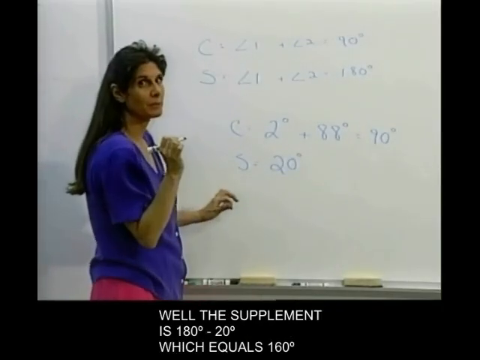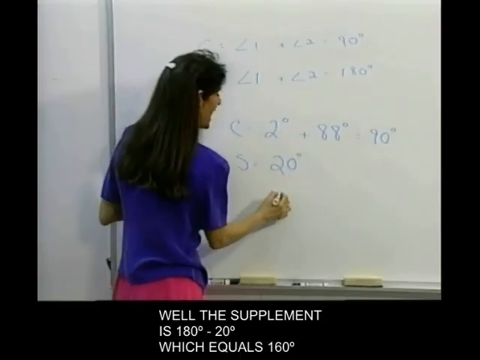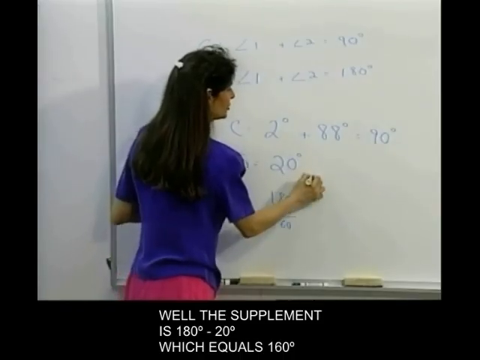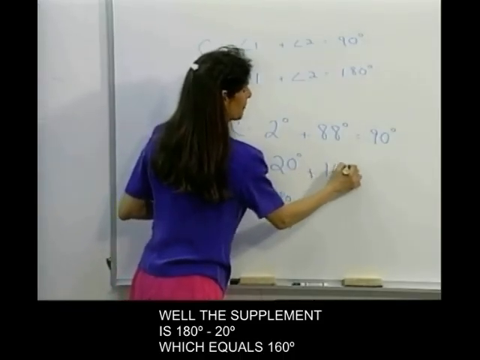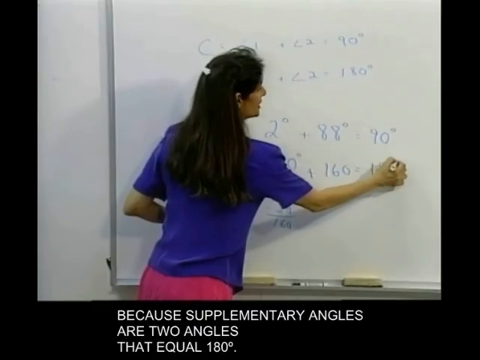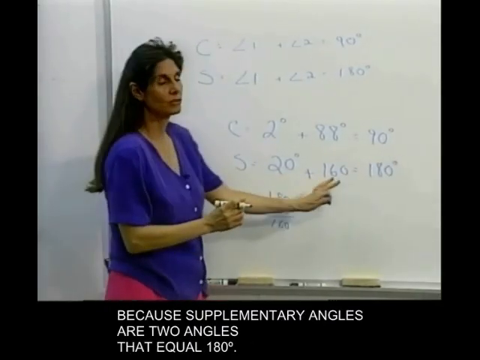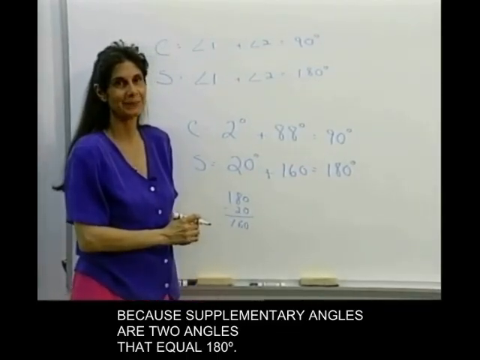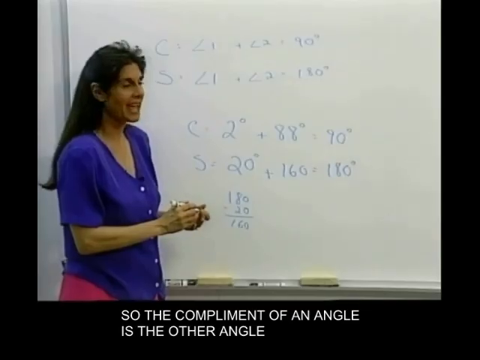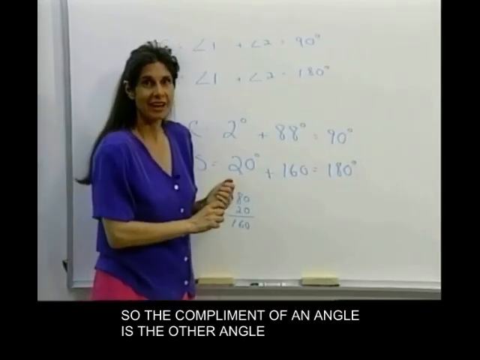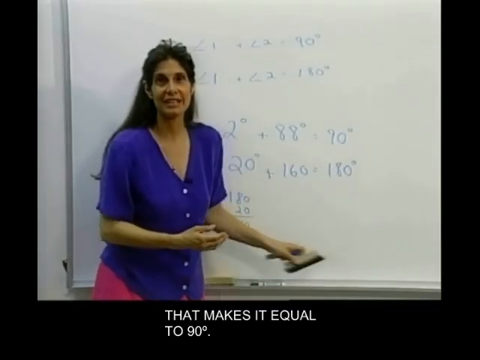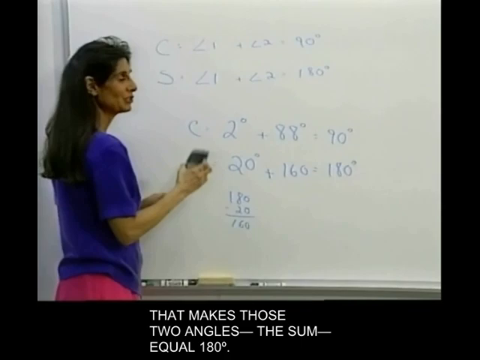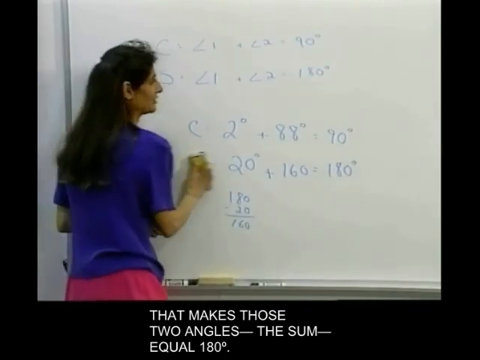Well, the supplement is 180 minus 20, which equals 160, because supplementary angles are 2 angles that equal 180 degrees. So the complement of an angle is the other angle that makes it equal to 90 degrees. The supplement of an angle is the other angle that makes those 2 angles, the sum, equal 180 degrees.